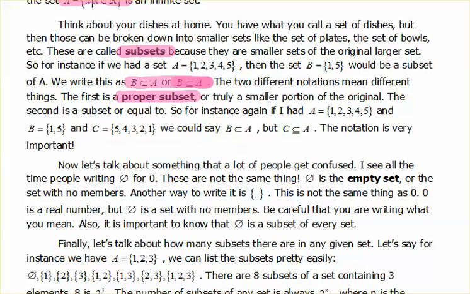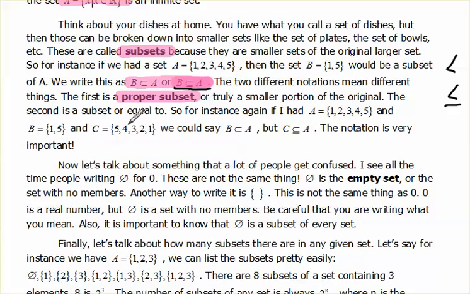It's kind of like how with less than, we have less than, or we have less than or equal to. It's the same sort of idea. If you use this notation, B is a subset of or equal to A, then that means the sets could actually be the exact same thing. So, let's say that we have three sets here. A is 1, 2, 3, 4, and 5. B is 1 and 5.